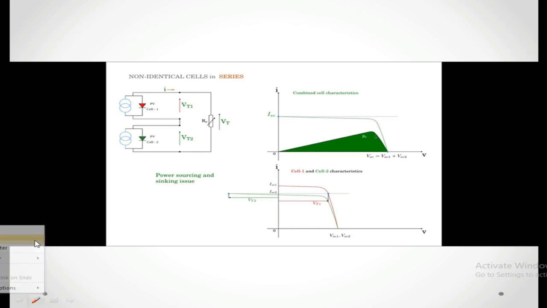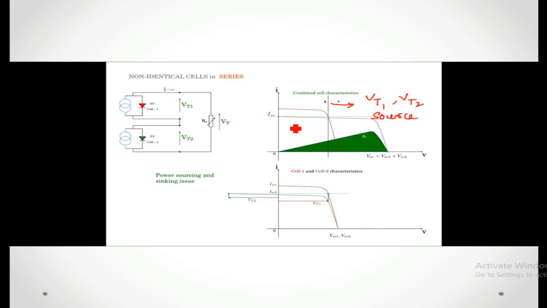Now let us take the power curve. The power curve is indicated in the green line here, the combined power curve. The red curve is indicating the first cell's characteristics. If I draw a line here, towards the right of this line VT1 and VT2 have positive values and are acting in the source region.